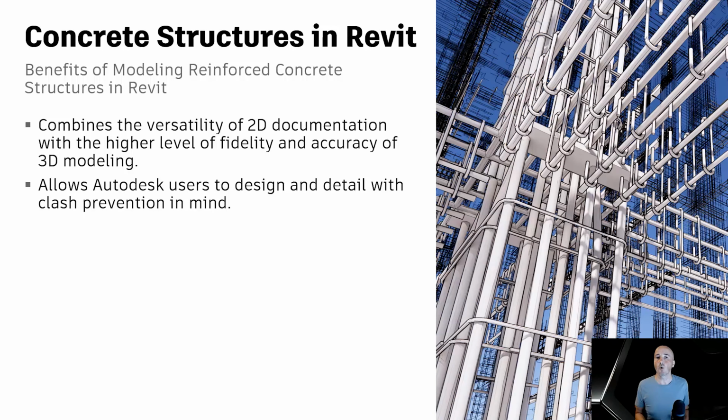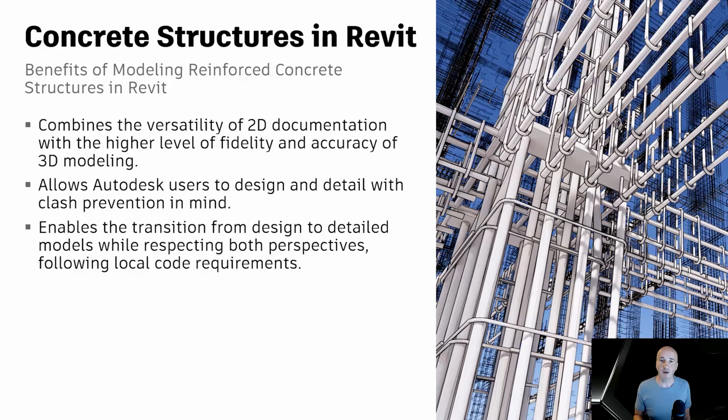It allows Autodesk users to design and detail with clash prevention in mind, to reduce clashes both in the pre-construction and site execution project phases. Revit enables the transition from design intent to detailed models while respecting both perspectives, following local code requirements and automating the process of making changes so they are less disruptive to the project.